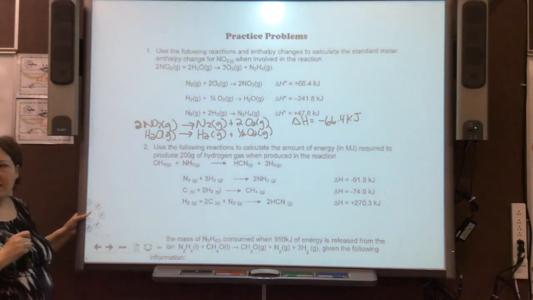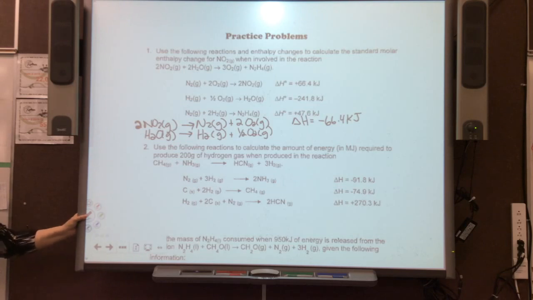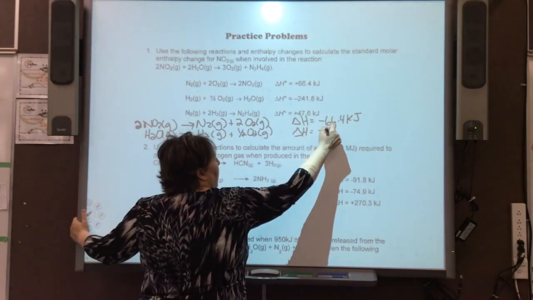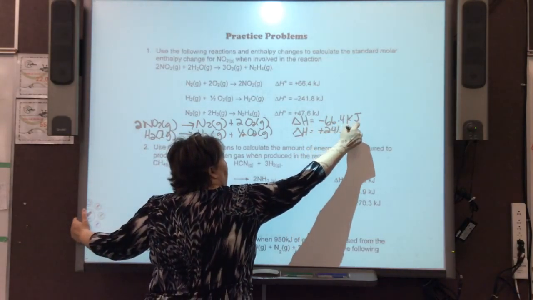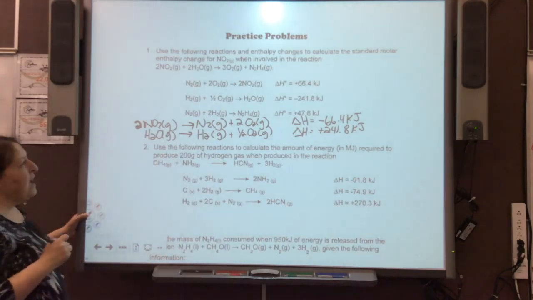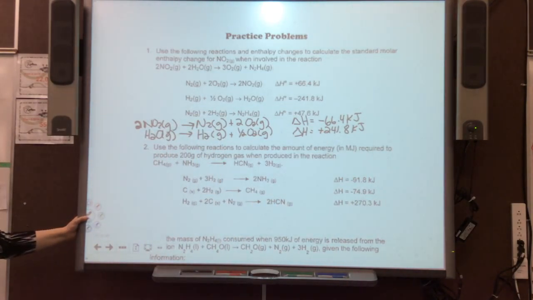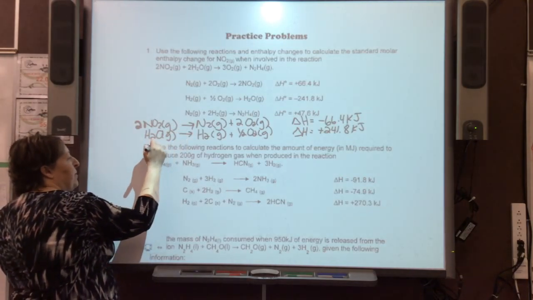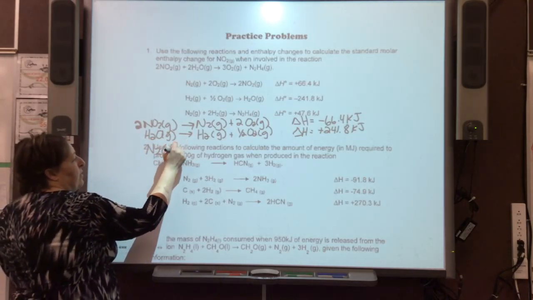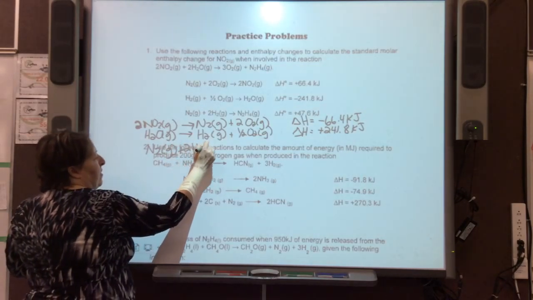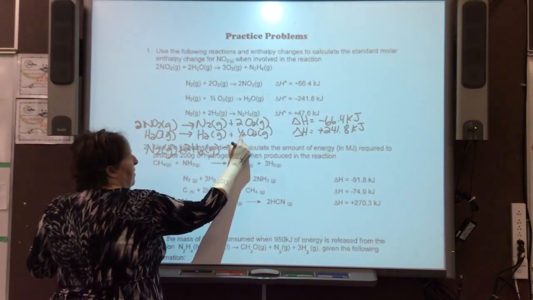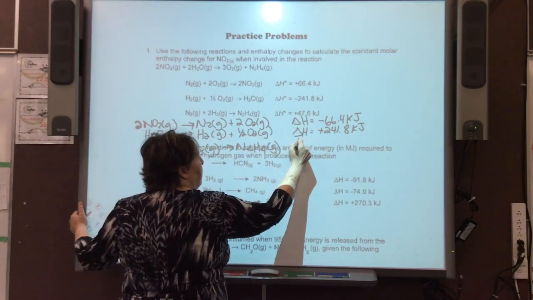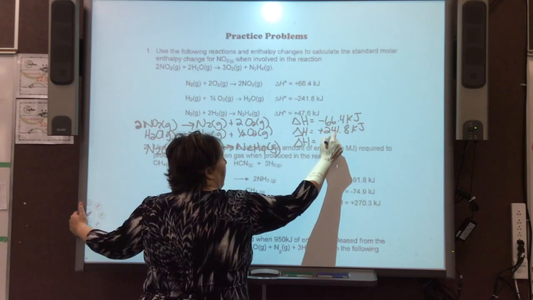So what do I have to do to my delta H? Flip it, so it becomes positive 241.8. Okay, and N2H4 is a product in our net reaction, and it's also a product here. So we have, I'm just going to write over top, N2H4, since I didn't change it, I'm going to leave my molar enthalpy alone.